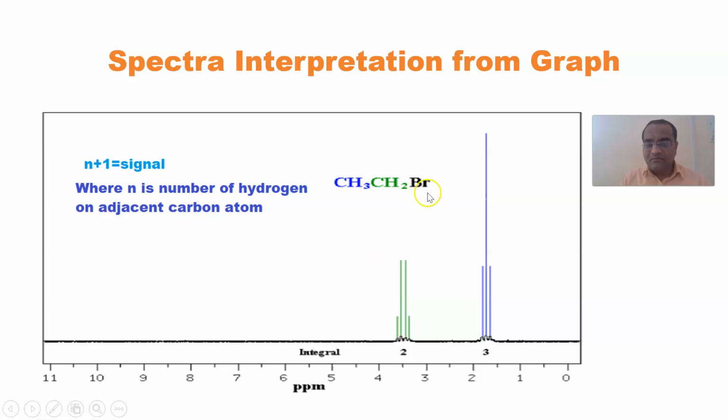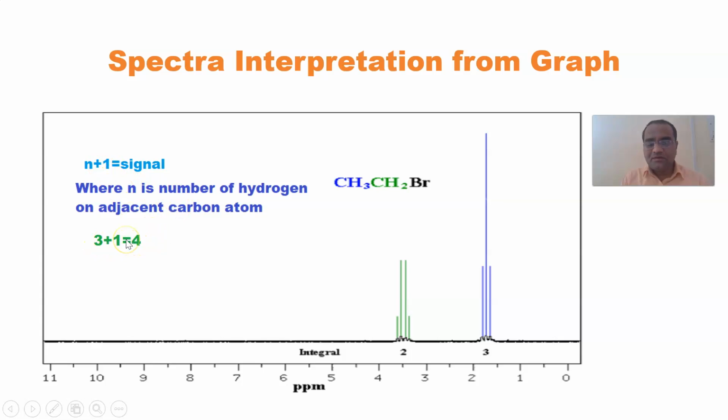If we calculate now, let's look at the quartet. How does it become a quartet? This signal, also in green color, becomes a quartet. The number of hydrogens on the adjacent carbon atom: here it has only one adjacent carbon atom, this CH3, so the number of hydrogens on the adjacent carbon atom is 3. So we take n as 3, plus 1.